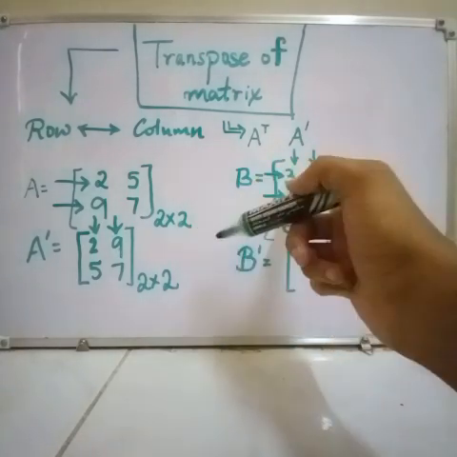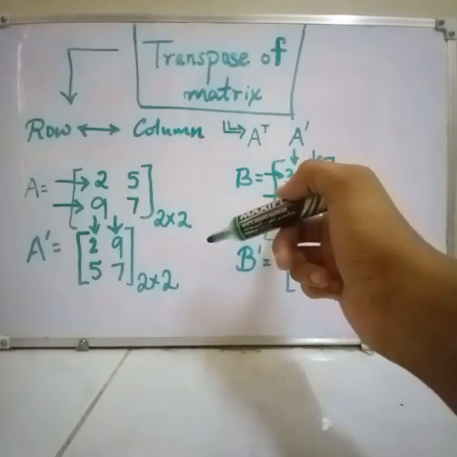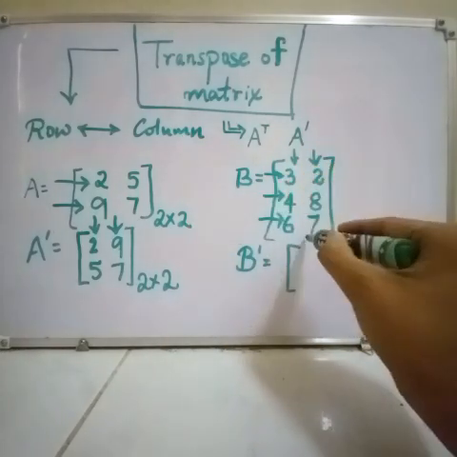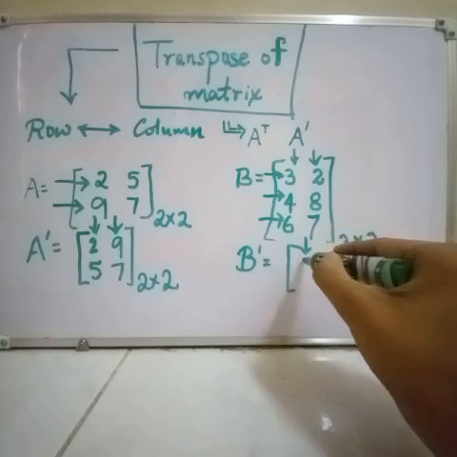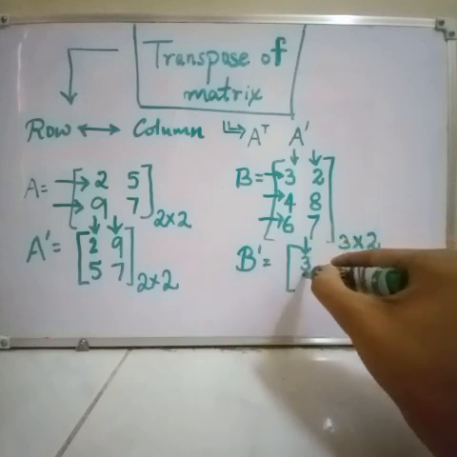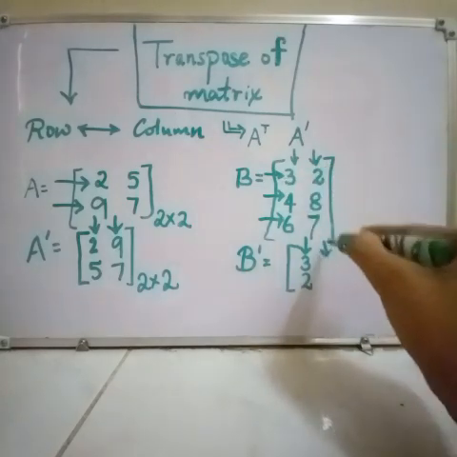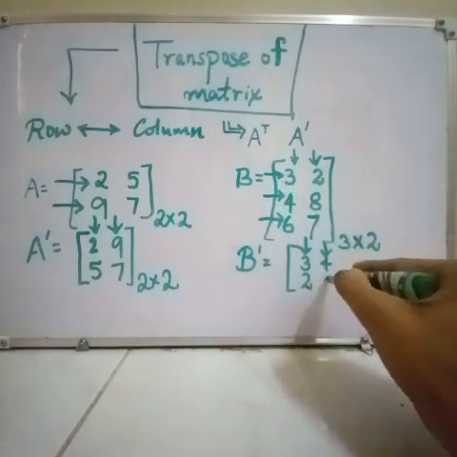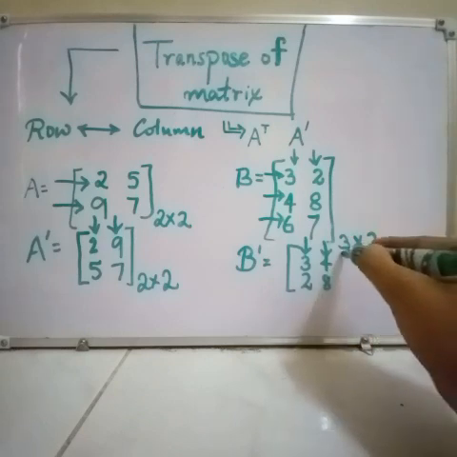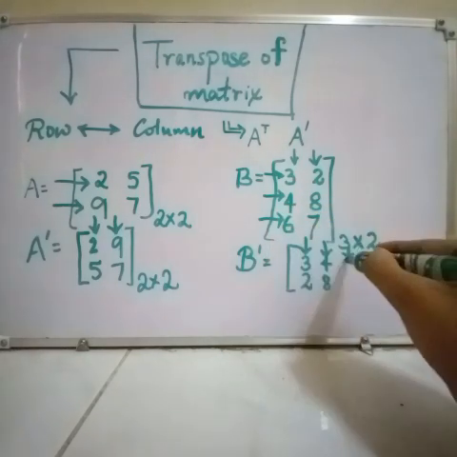So the first row has the elements 3 and 2. So the first column should have the elements 3 and 2. And the next row becomes the next column, so 4, 8. And the third row becomes the third column, 6 and 7.